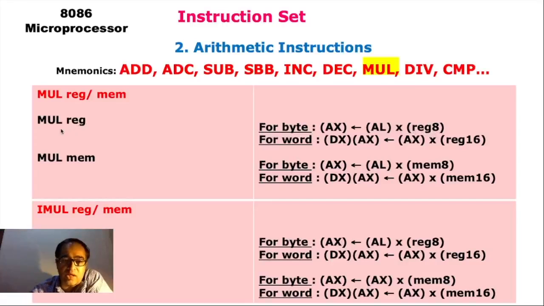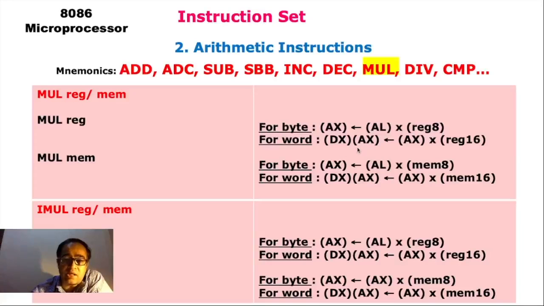So if I use something like this, then AL will be multiplied with the 8-bit register. Over here, as you can see, if I'm multiplying AX, then AX and the 16-bit register would be multiplied and the content saved in DXAX. So why DXAX? Because there will be a spillover.